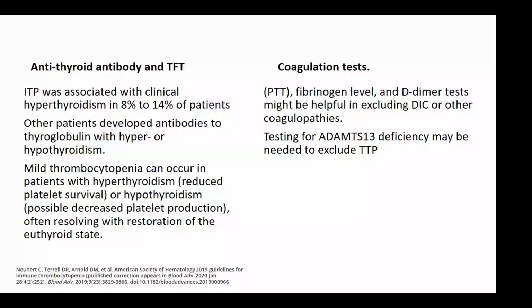Mild thrombocytopenia can occur in hyperthyroidism due to reduced platelet survival, or in hypothyroidism due to decreased platelet production. The thrombocytopenia usually resolves once euthyroid status is restored after commencing treatment of the thyroid disorder.